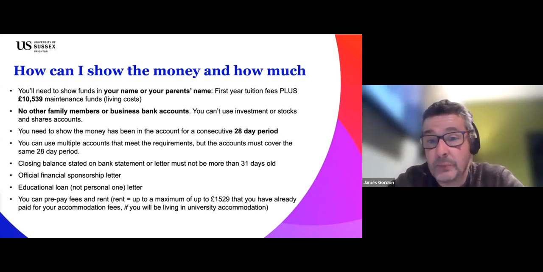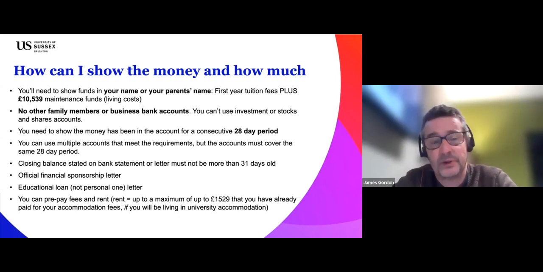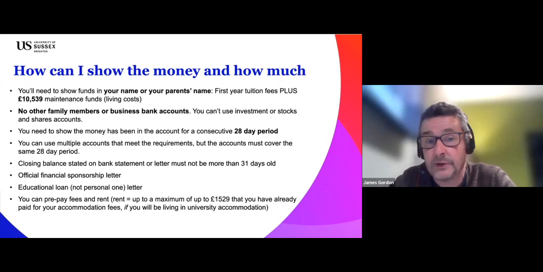You can use multiple accounts to meet the requirements, but if you are using more than one bank account, it must cover the same 28-day period. The closing balance on the bank statement or bank letter must not be more than 31 days old from the date that you're making the visa application. So it needs to be a recent statement, dated within 31 days of when you make the visa application.